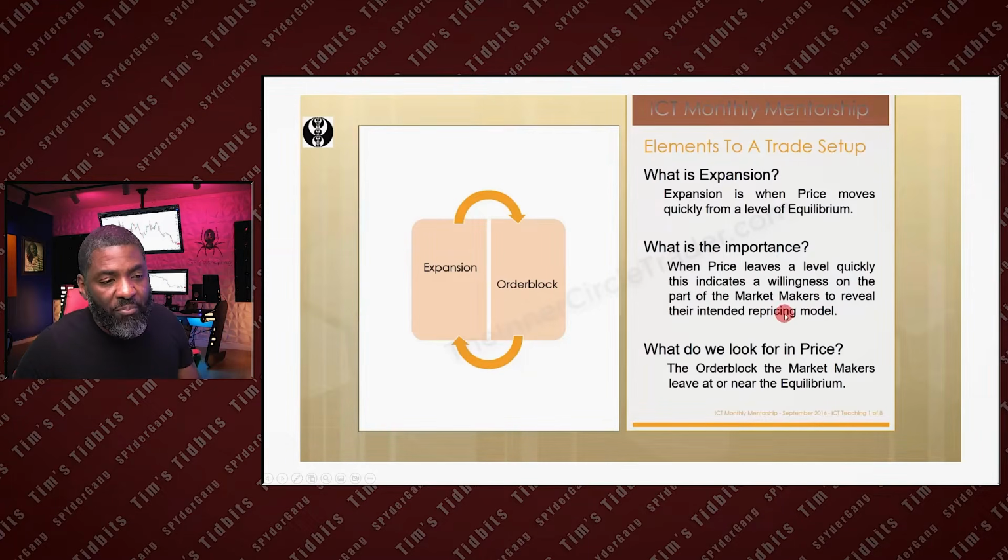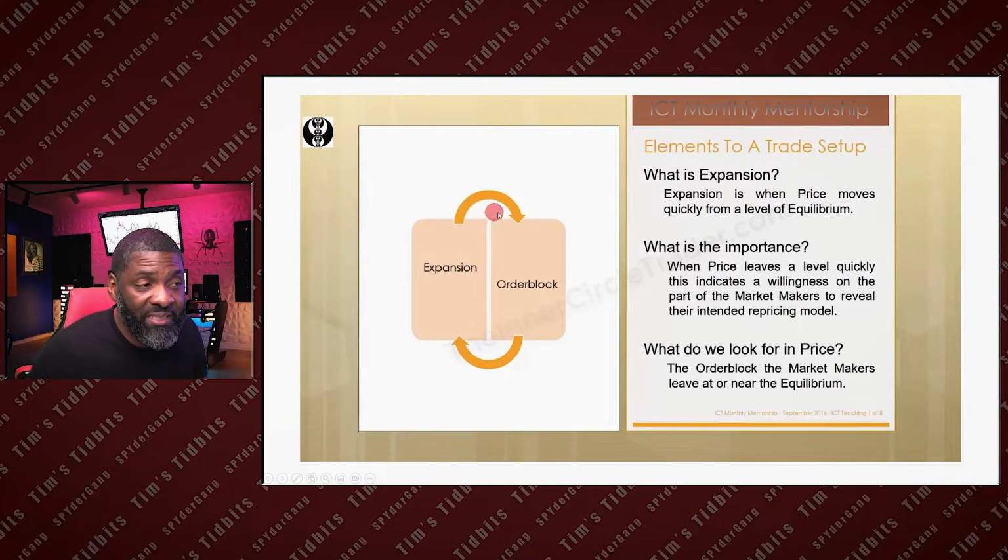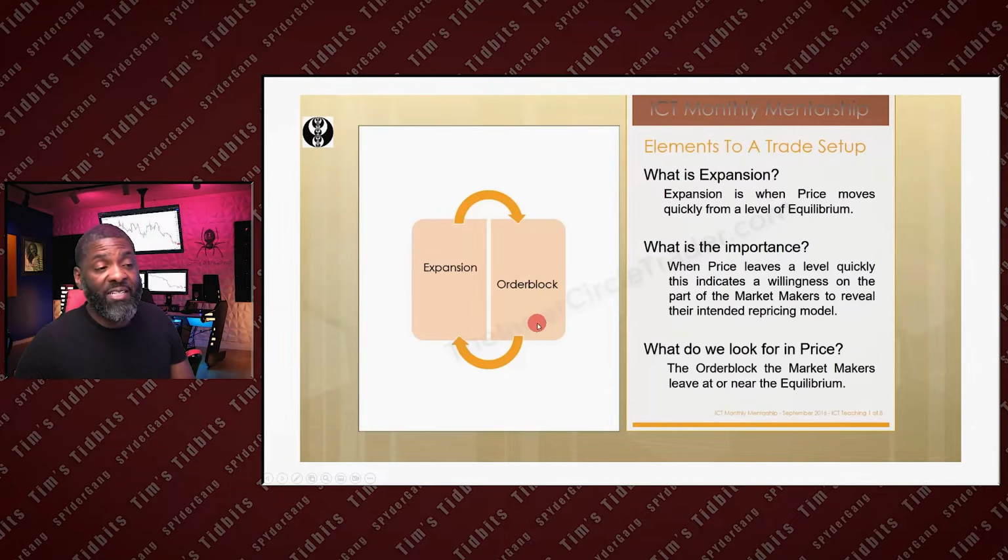What do you look for in price? The order block the market makers leave at or near equilibrium. As I said, the expansion is always going to be tied to an order block. And like I said, you need to understand what an order block is. So please go back and either watch my ICT Lingo Explained content or go to Michael's core content and find out what an order block is.